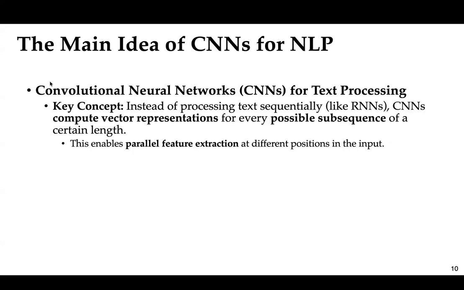What is the n-gram for a given sentence? It's the frequency of character tokens, characters or words or whatnot. Here it is some sliced and diced representation of that frequency. And so this enables parallel feature extraction at different positions in the input.